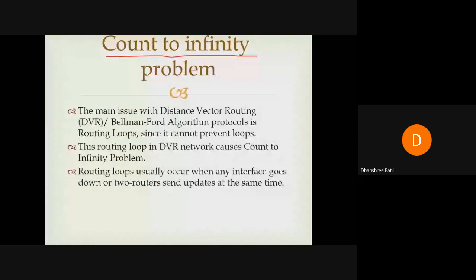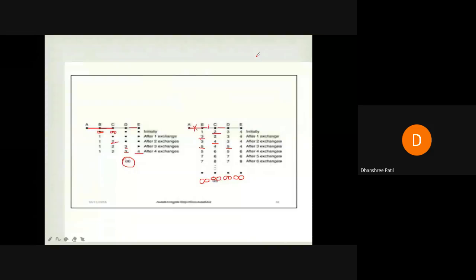So quickly I'll show you what the count to infinity problem is. These are the five routers, right? And everyone wants to reach, for example, A. They have to find the distance to reach A, and the distance is considered in the number of hops, meaning the number of these lines. According to the neighbor's position, everyone updates their own table.